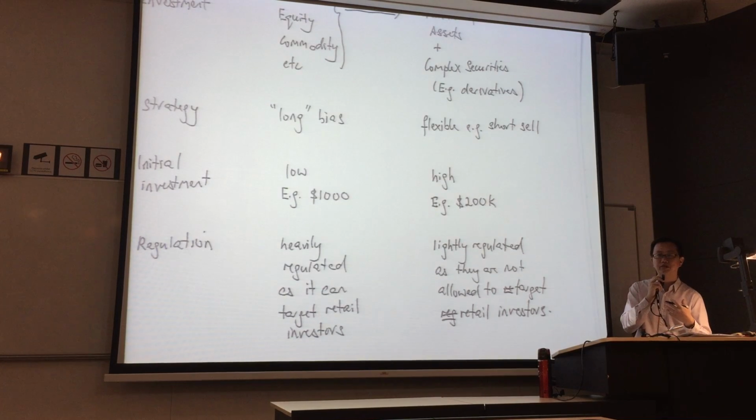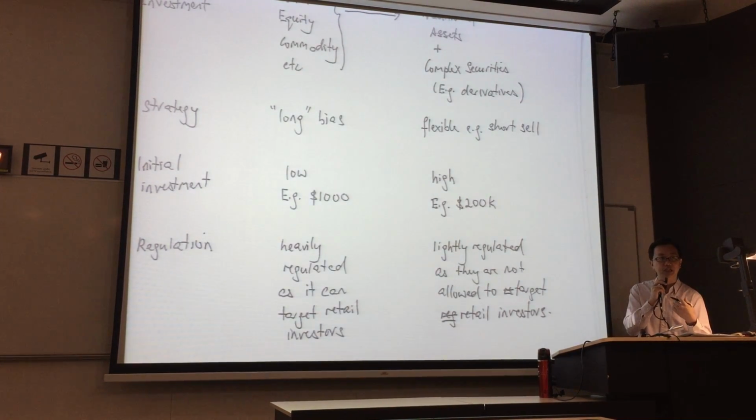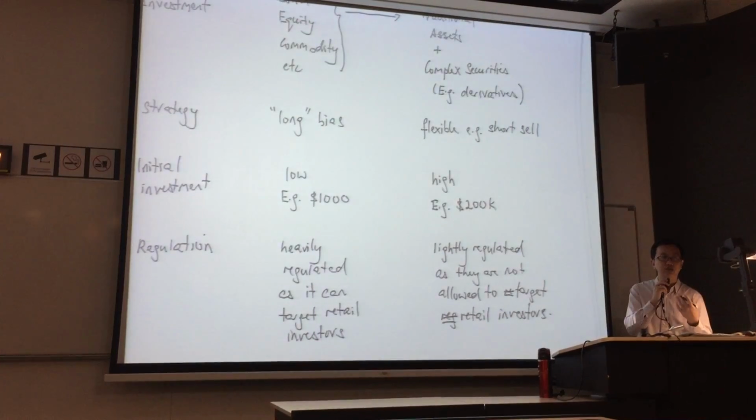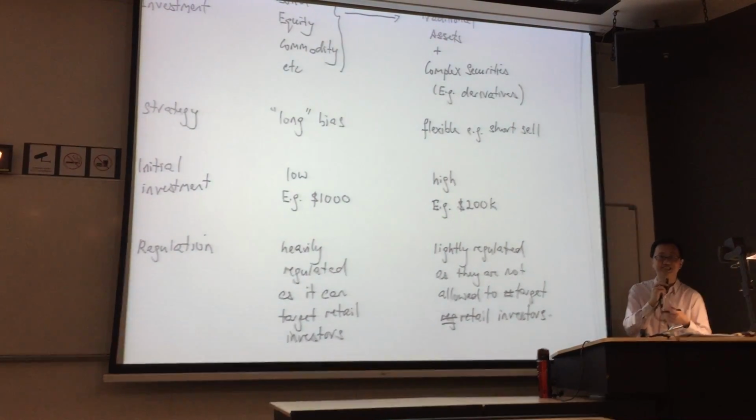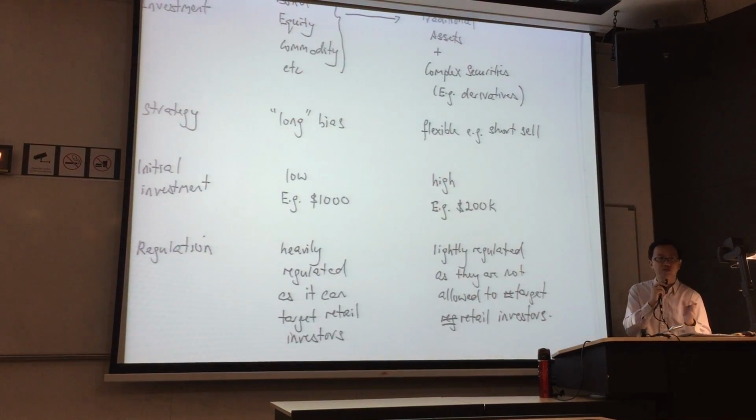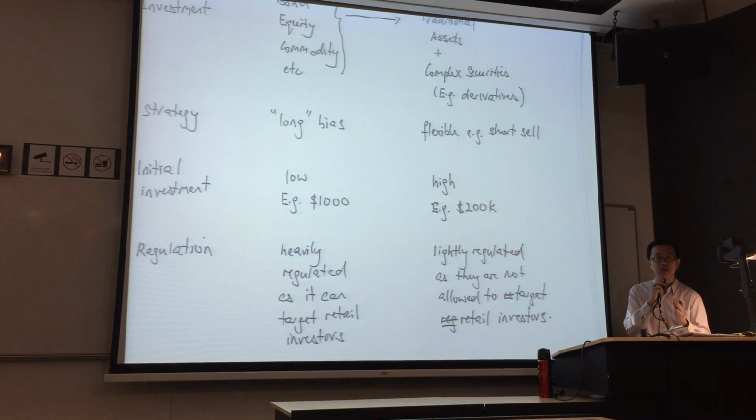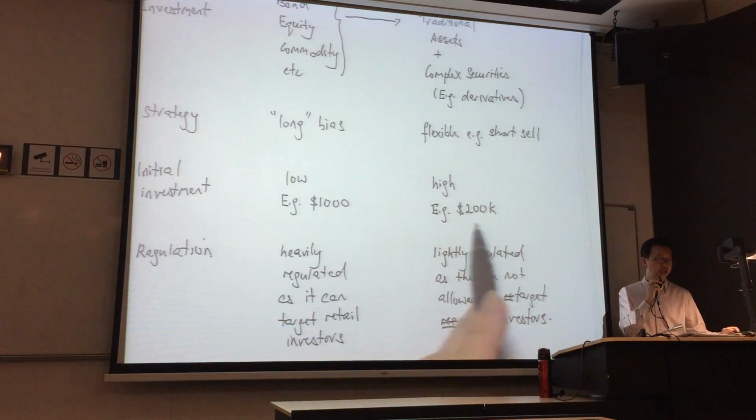So typically we are talking about hedge funds targeted only at high net worth individuals. The international standard for that is those individuals with US$1 million in net assets. So if an investor has more than 1 million in net assets for investment, they will be considered high net worth individuals. And they will have no difficulty raising that 200,000 to invest directly in a hedge fund.